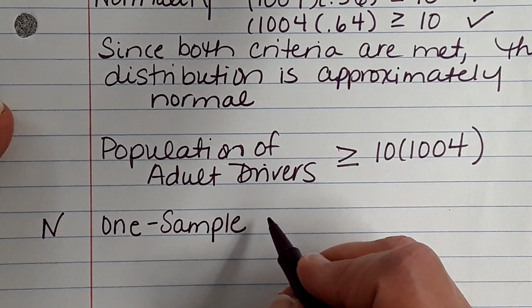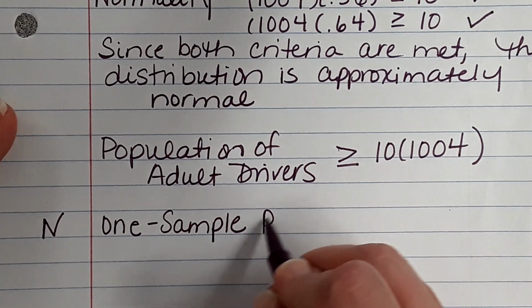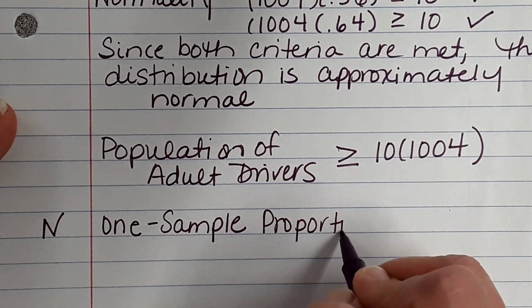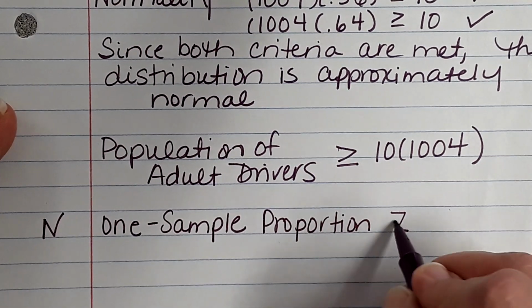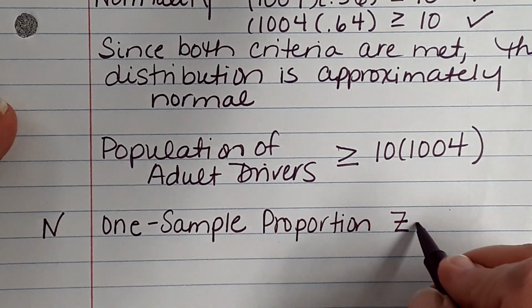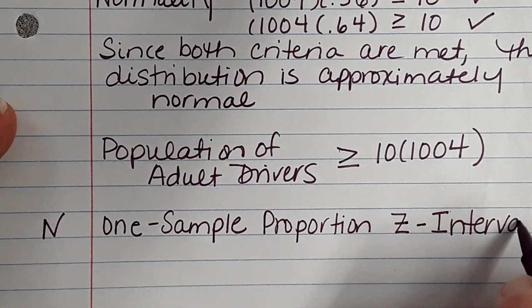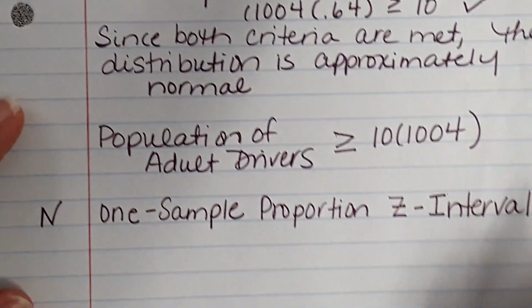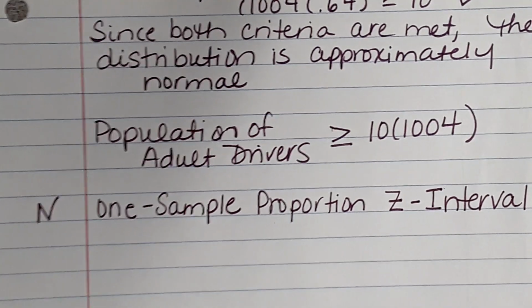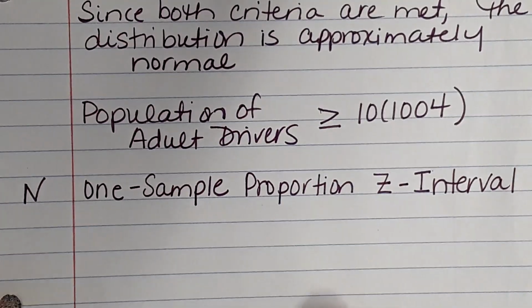Is it a proportion or mean? Z. Yep, because it's a proportion and you always put Z. 1 sample, proportion, Z interval.